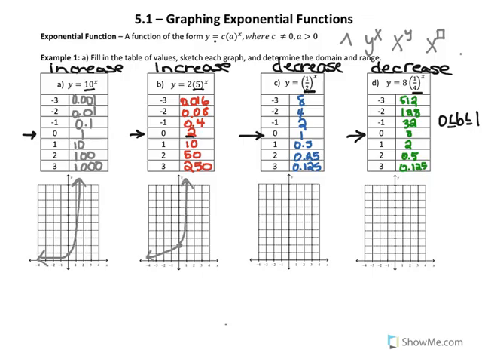The next one has a y-intercept at 1, and it is decreasing. This one we probably could graph because there's more points, but it would look like this. And the last one has a y-intercept of 8, and then it is decreasing.